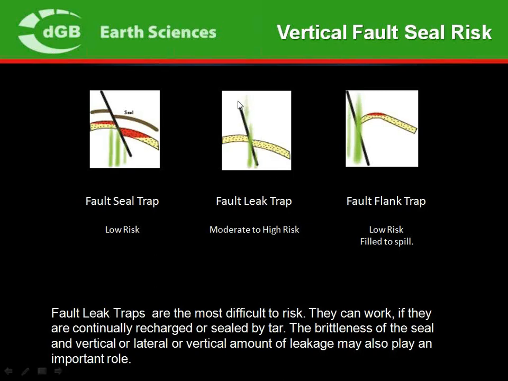In contrast, when we see leakage along the trap-forming fault, we have a more moderate to high-risk chance. And when we see chimneys on the flank of a feature, we have a very low risk, and often these are filled to spill. The challenge is to distinguish these fault seal traps from these fault leak traps.